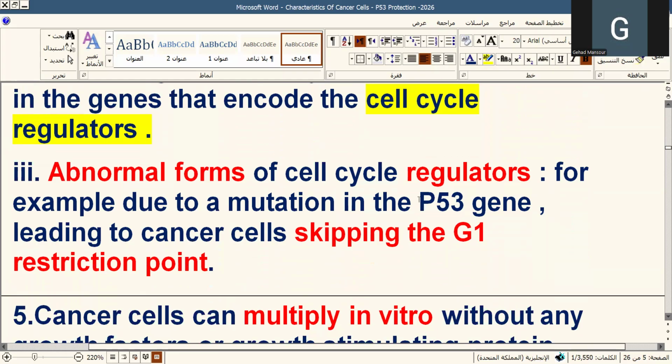For example, we have just mentioned that the P53 gene is a gene that codes for an important inhibitory protein in the cell called P53.